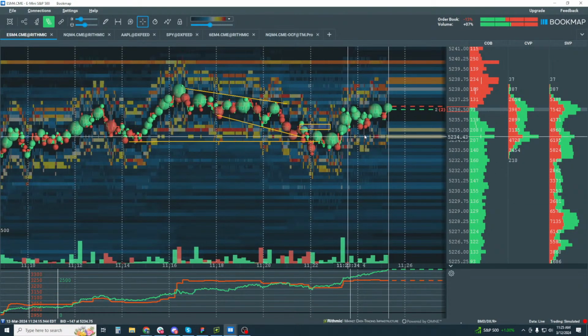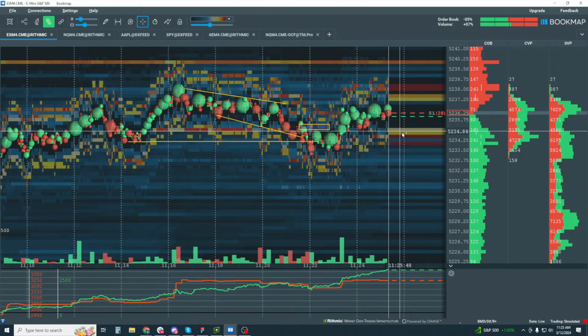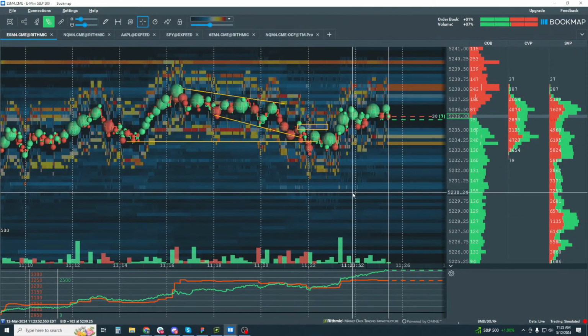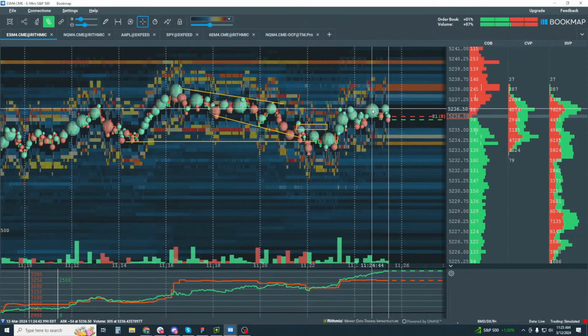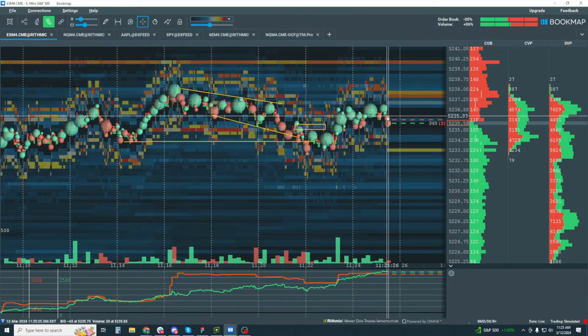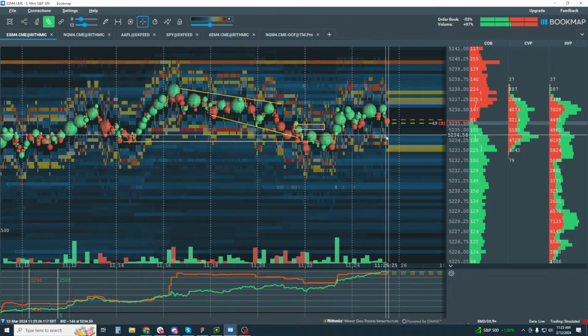We've been flying a little blind on the order book in here, but due to this rollover, we look for not just volume and structure, we look for that order book to guide us as well.